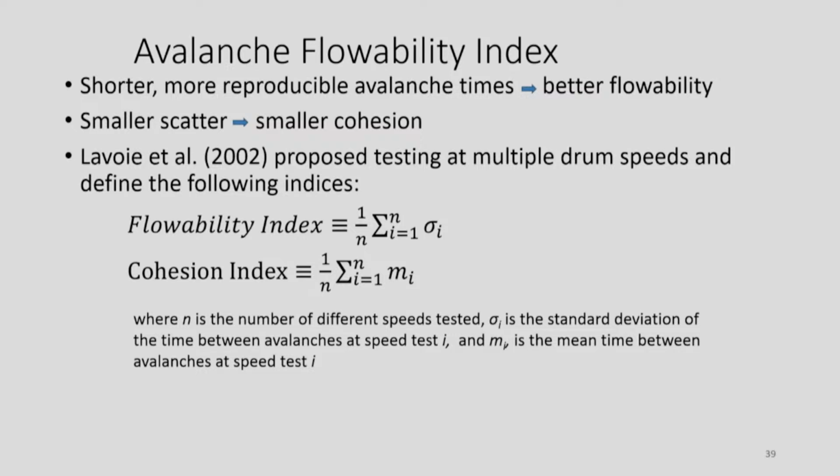Same for the cohesion index too, based on the time it takes to avalanche and the standard deviation between the avalanche times. So you can get some knowledge about the powder properties. This is not actually physics based. It's a traditional qualitative indicator of flow.